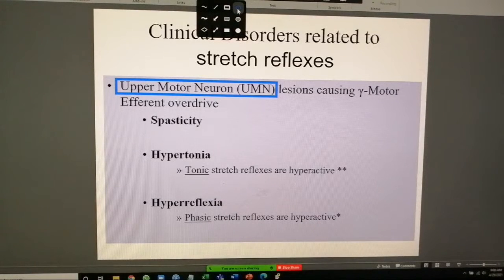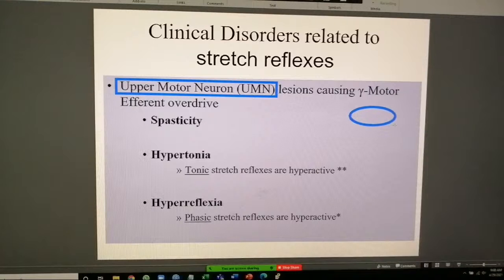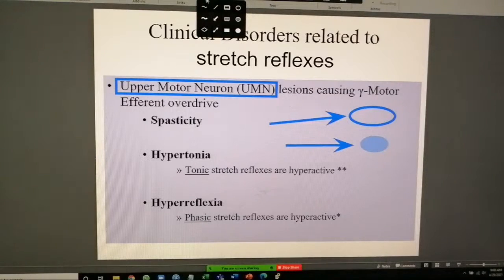So let me draw you a very basic diagram. Let's say these are the higher centers. Welcome back. So I was saying that this here are the higher centers. This is the brain stem. And this would be your poor little alpha motor neuron in the ventral horn of the spinal cord.